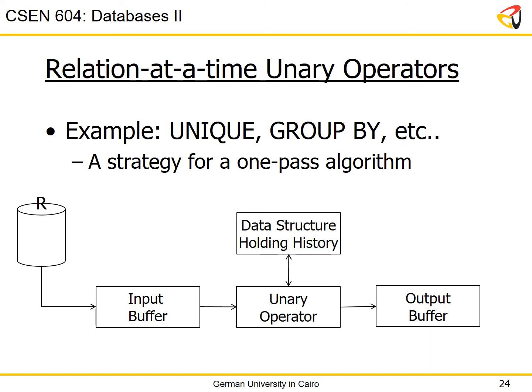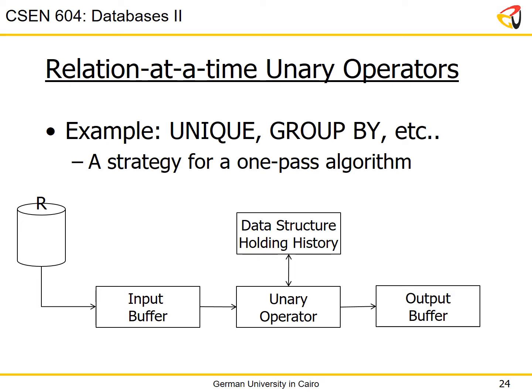Now, what about relation at a time unary operators? These are operators that cannot give you an answer unless they see the whole relation. A classical example is unique or even count. If you would like to count how many 20s you have in a column, the first 20 could be in the first row, and the last 20 could be in the last row in the table.